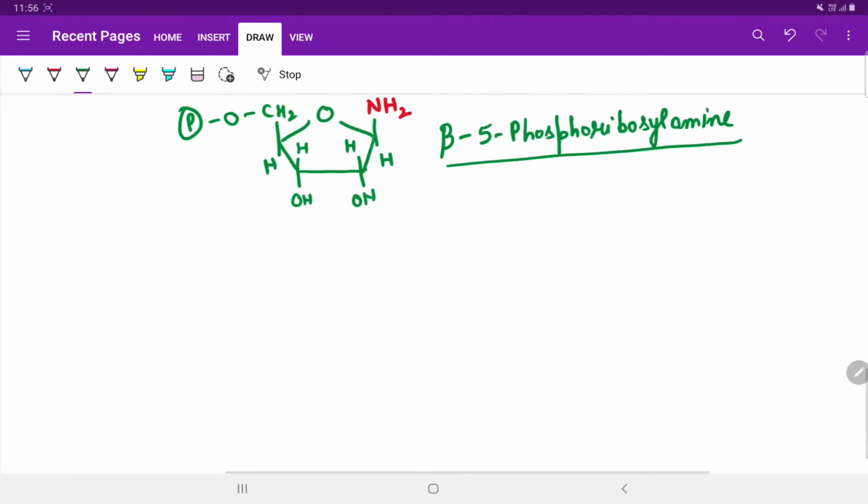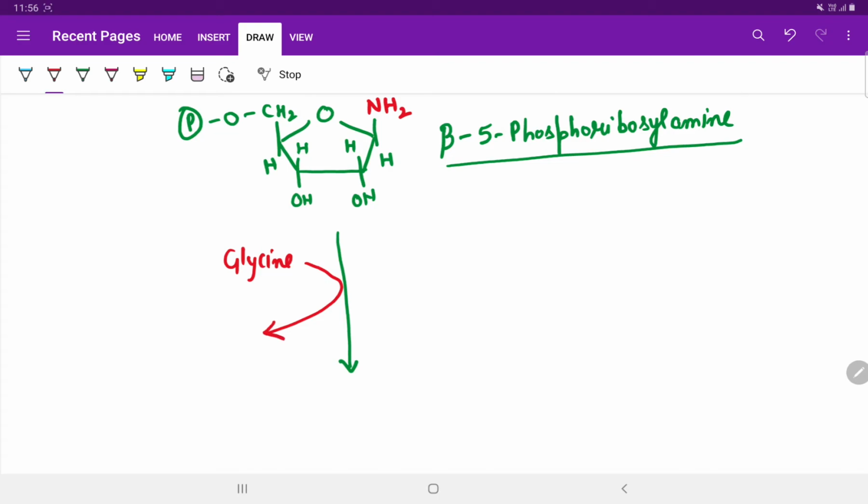After this, in the presence of synthetase enzyme, a molecule of glycine will be added. So here comes the glycine molecule to donate the carbon chain, in the presence of an ATP molecule, so an ADP is left out. The name of the enzyme is synthetase.